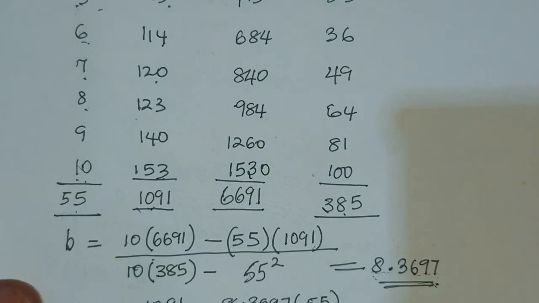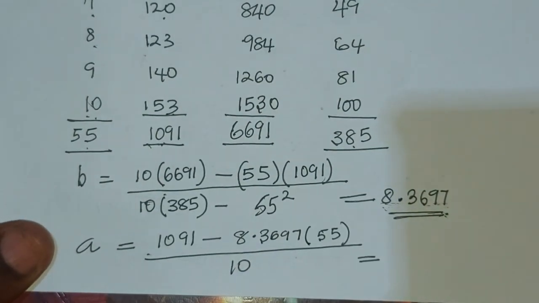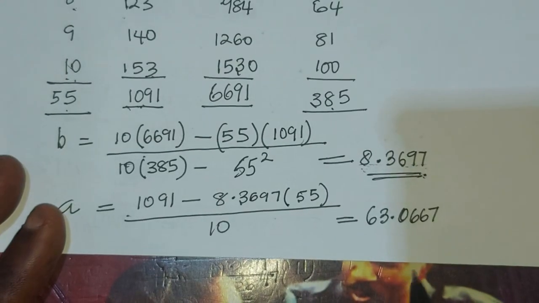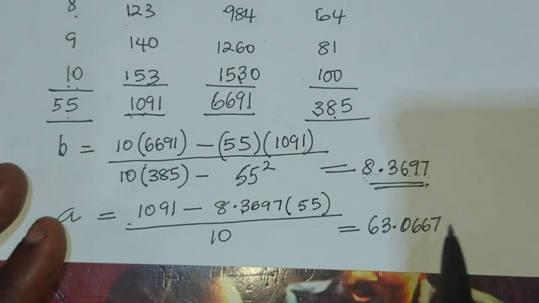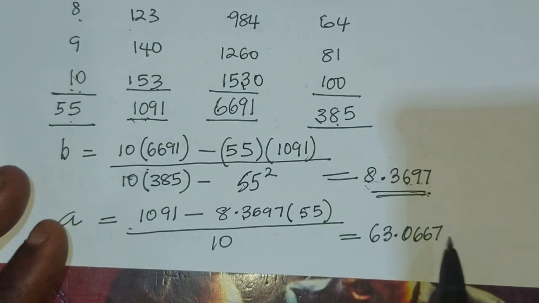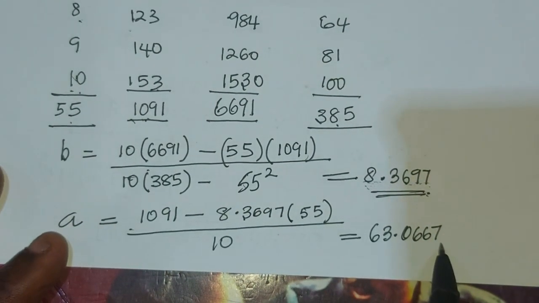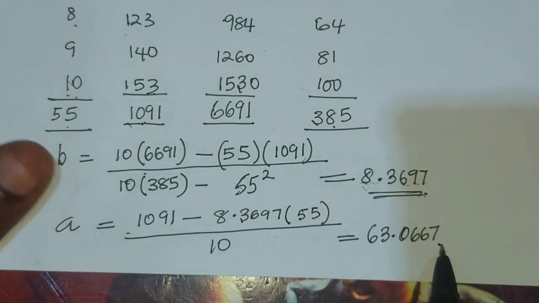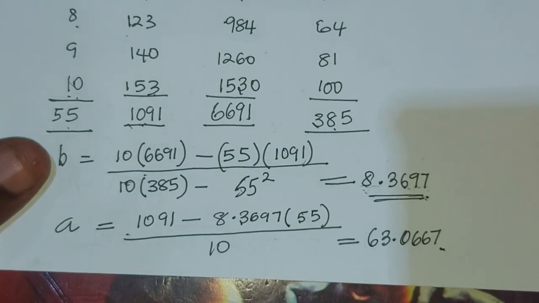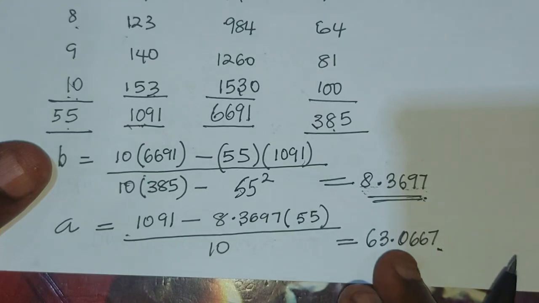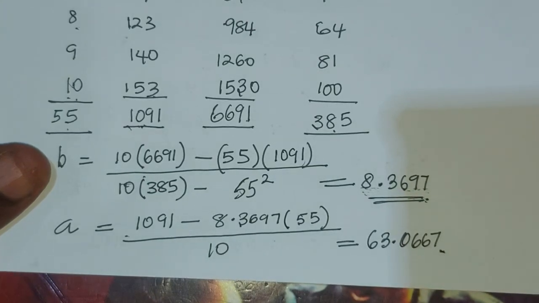And this will give you 63.0667. So with this, we can now use this to formulate our trend line.